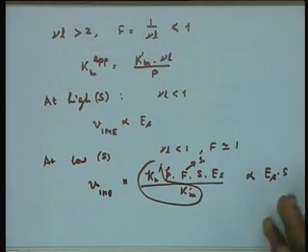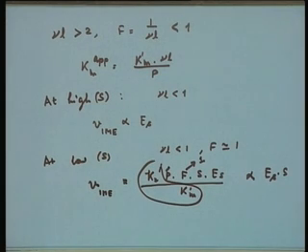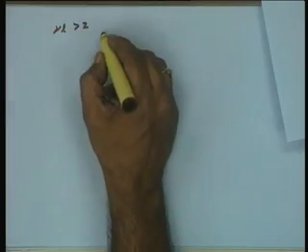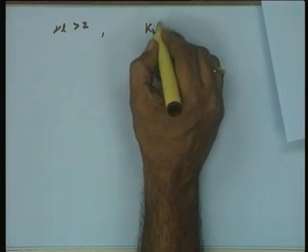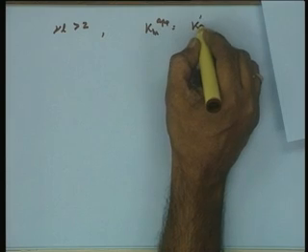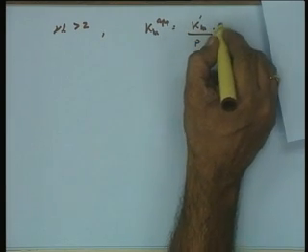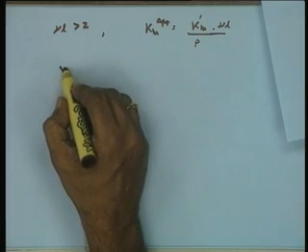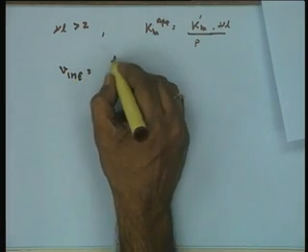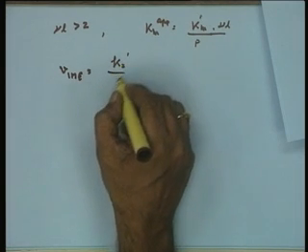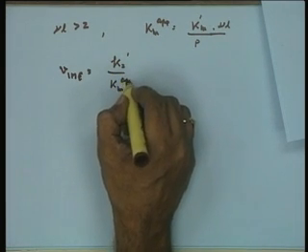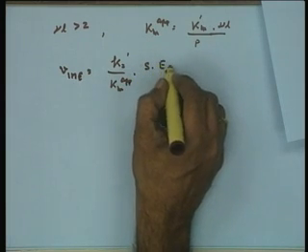I mean, if you consider the low substrate concentration and small thickness of particles when gamma L is less than 1. Now, in the same case, if you go further, if you take gamma L greater than 2, your Km apparent is K dash M upon P into gamma L, and now if you substitute for V immobilized enzyme, you get K2 dash upon Km apparent into S into Es.